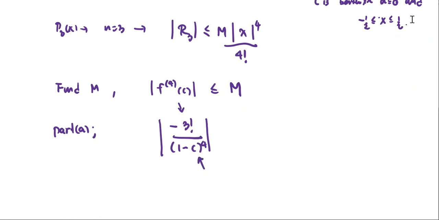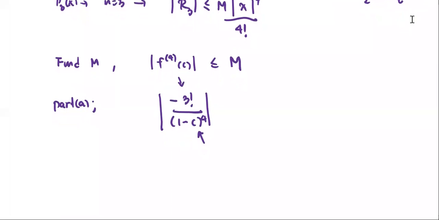Now we're going to find the appropriate value c that will give us the maximum quantity for this absolute value.